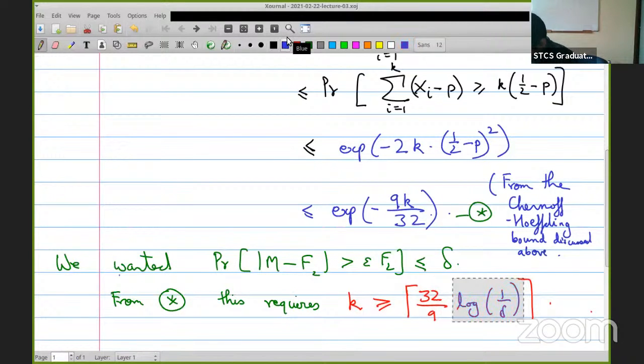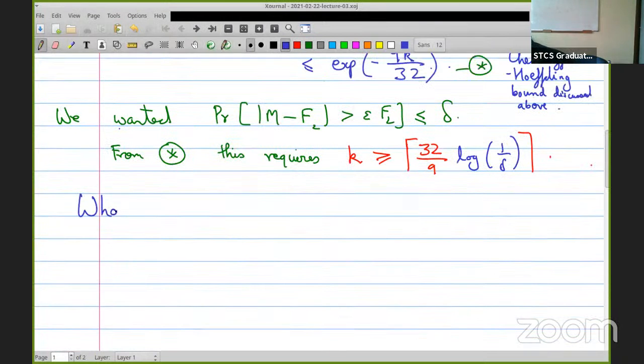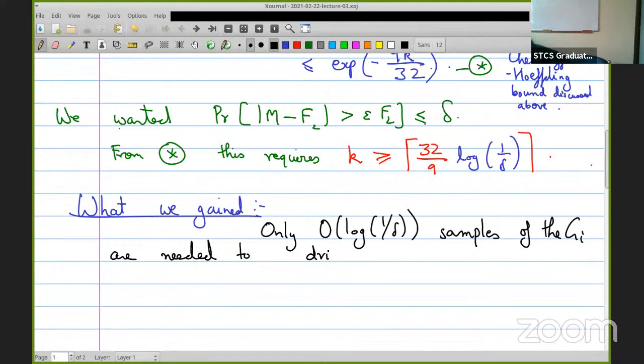So what we have gained is that only O of log 1 over delta samples of the GI are needed to drive the error probability to below delta.